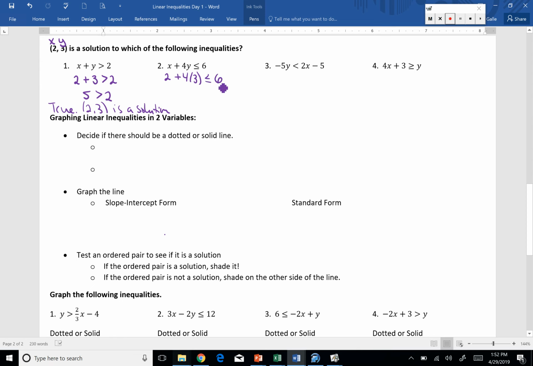Just be careful. When we substitute into this one, the 4 still stays there. I only get to put the 3 in for the y. So we do have to multiply 4 times 3.